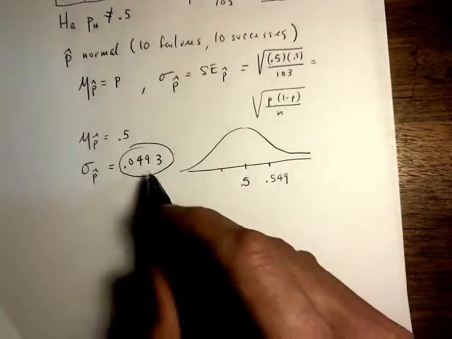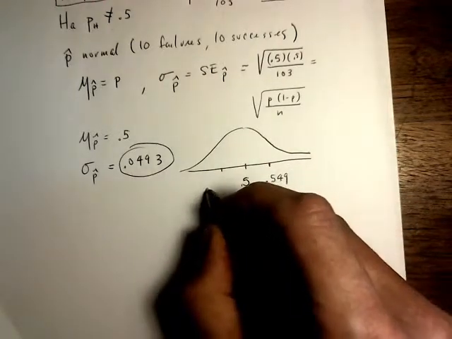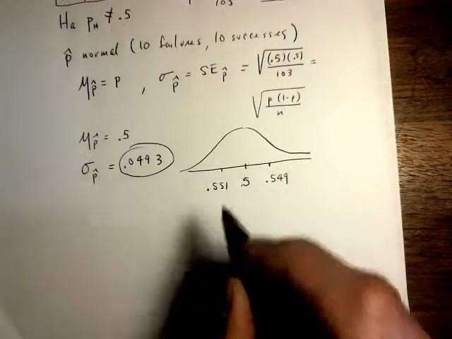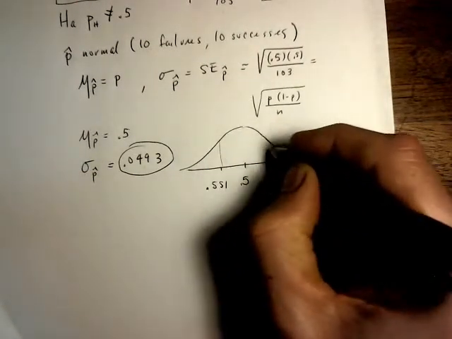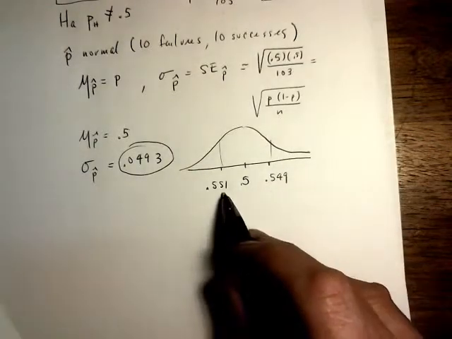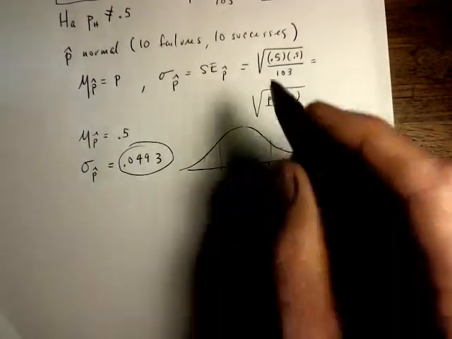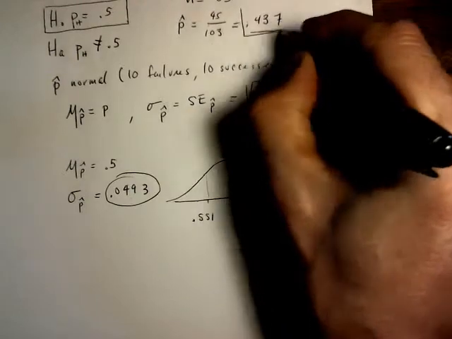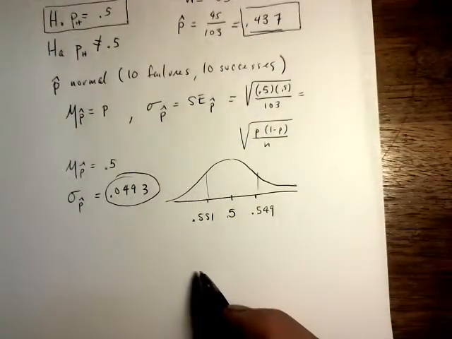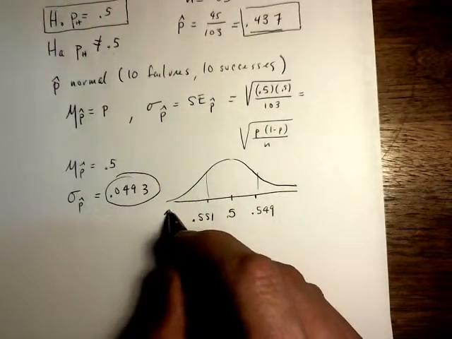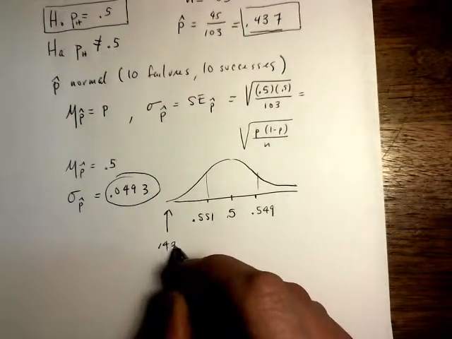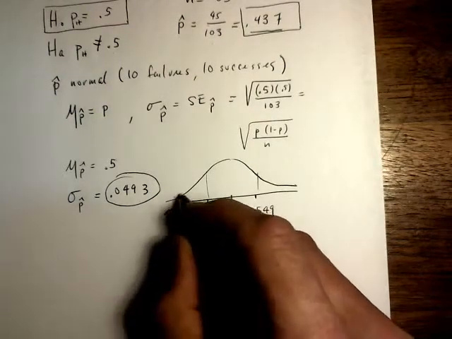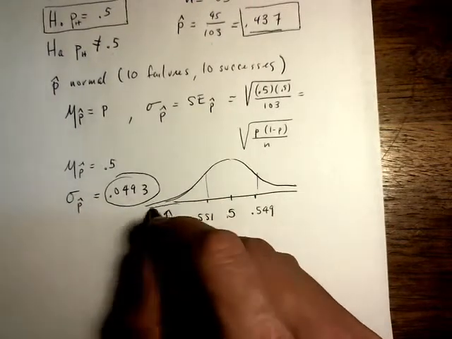This would be 0.5 minus that, which would be about 0.551. So one standard deviation above and below the mean is 0.549 and 0.551. What we actually got was something which was quite a few standard deviations below the mean. What we actually got was 0.437.